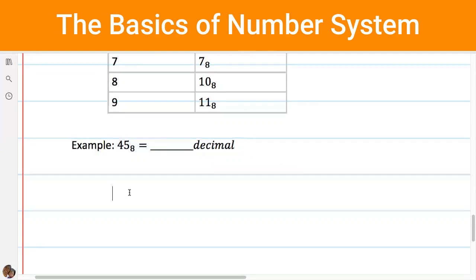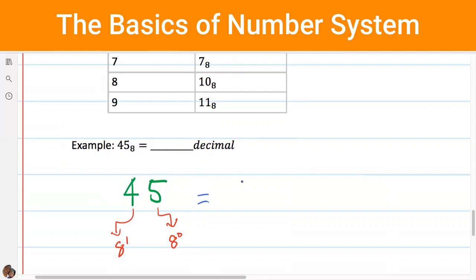What we are going to do here is to use the base value method. First, I'm going to write here the number 45. Then take note of the place value. I will be writing the place value of 5 here and the place value of 4 here. Since this is an octal number, the place value of 5 is 8 raised to 0, and the place value of 4 is 8 raised to 1.